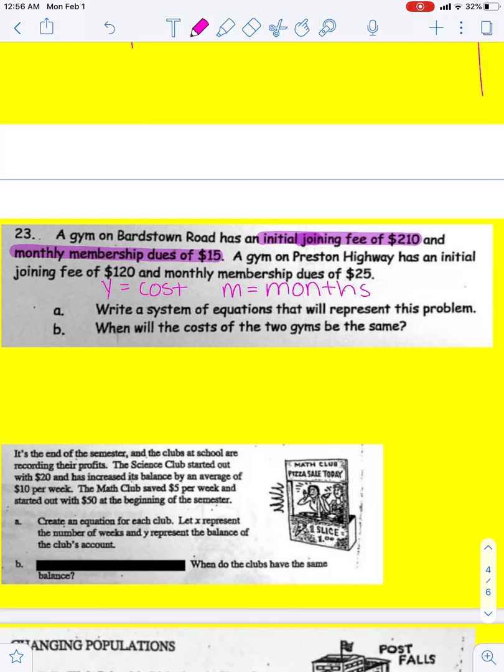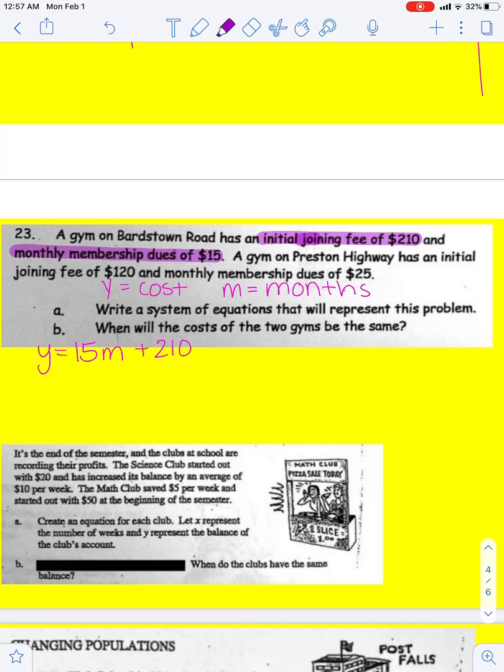So to write an equation for the Bardstown Road gym, I'm going to say that the cost is equal to the $15 times the number of months plus that joining fee of $210 because they only had to pay that one time.